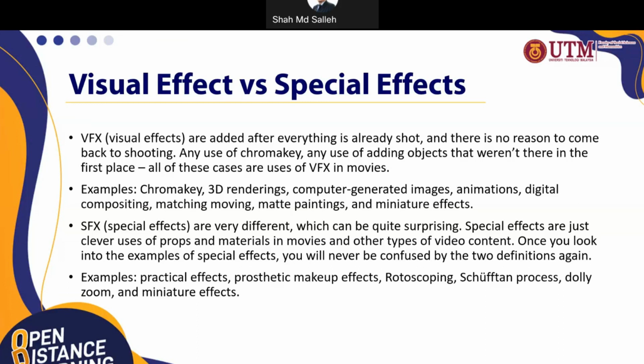For example, using a key with two types of color, using chroma key with either blue or green. Okay, green screen or blue screen. They are also using 3D rendering, CGI, animation, digital compositing, making movies, mattes, painting, and miniature effects.